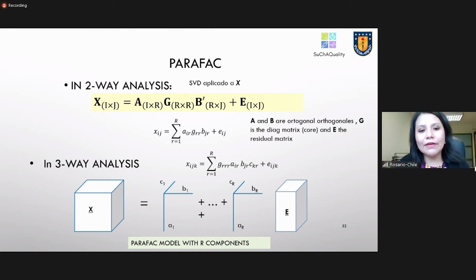And then PARAFAC, as well as being an exploration technique, will give us information about groupings or clustering of samples. For example, if the samples are together because they belong to the same brand of whiskey, we can see that in a plot of this mode A, because this mode is regarding the samples distribution.